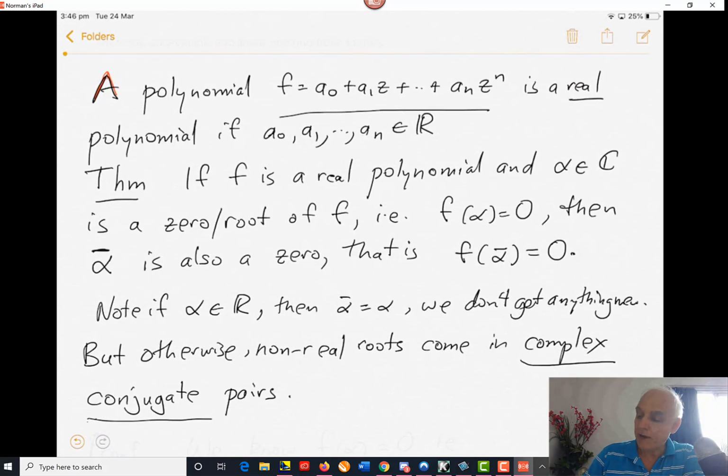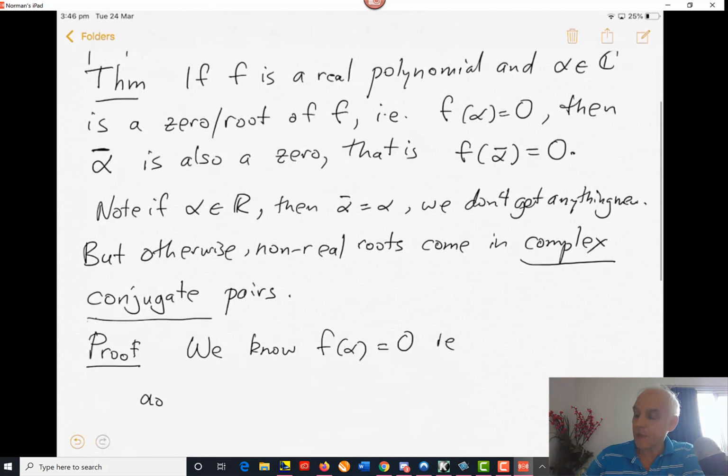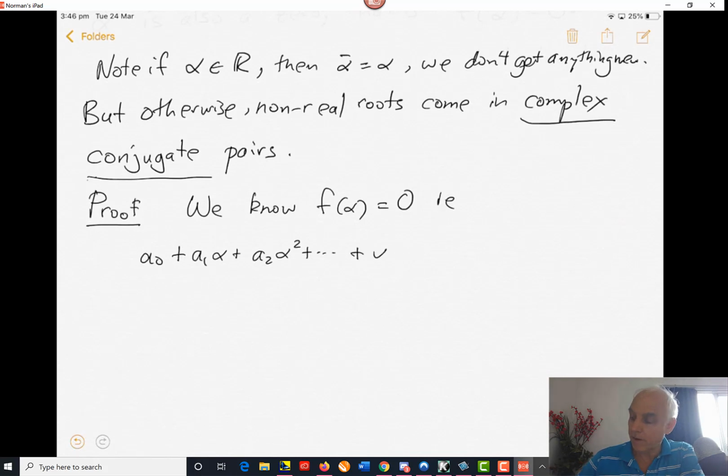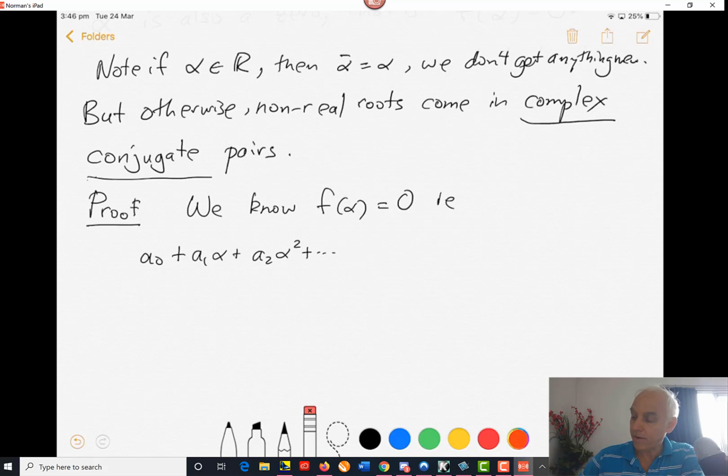We're starting with a0 all the way up to a_n z^n. So when we plug in alpha for z, we get a0 plus a1 alpha plus a2 alpha squared all the way up to a sub n times alpha to the n. That should be equal to 0. Okay, now take the complex conjugate of both sides.